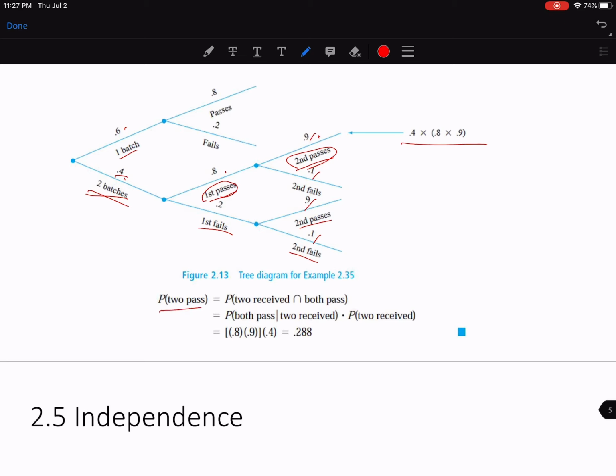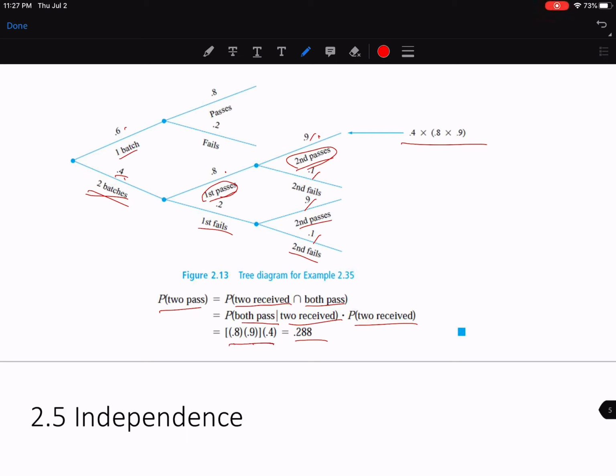So the probability 2 pass is equal to the probability 2 received and both pass. Of course, that would be equal to the probability both pass given 2 received times the probability 2 received, which is equal to 0.8 times 0.9 times 0.4, which is 0.288.